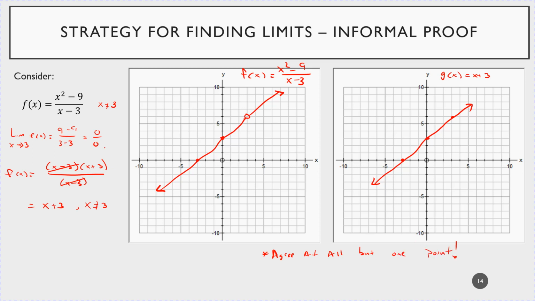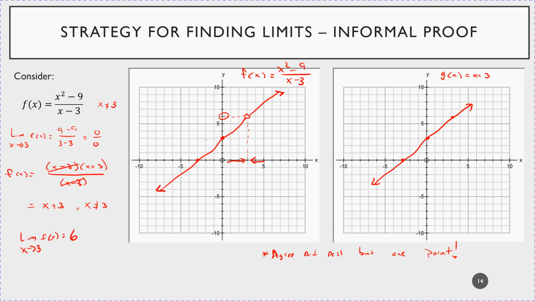And we can see that the limit as x goes to 3 actually exists. It looks like it's going to 6. So the limit as x goes to 3 of f of x actually exists and it's equal to 6.